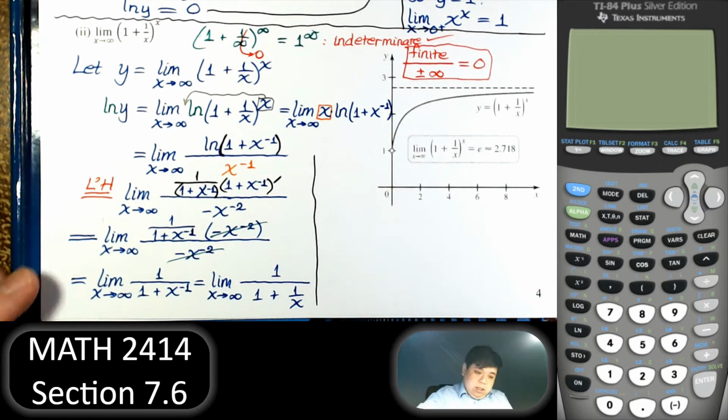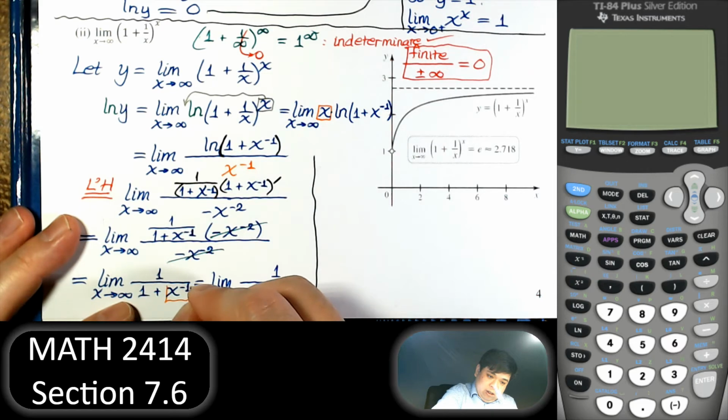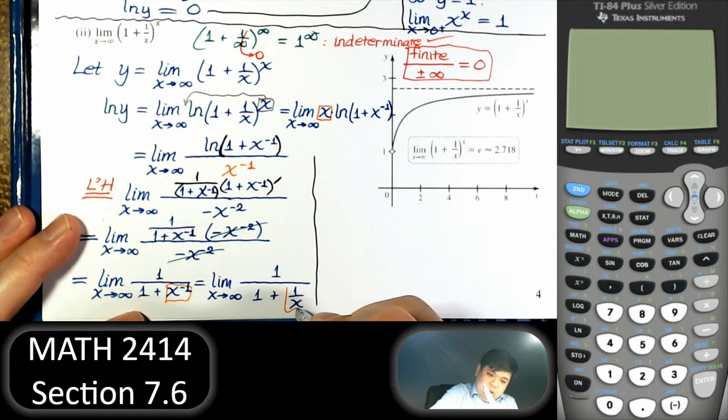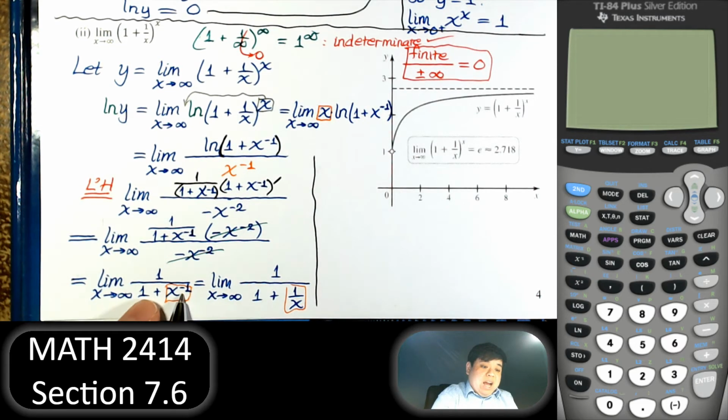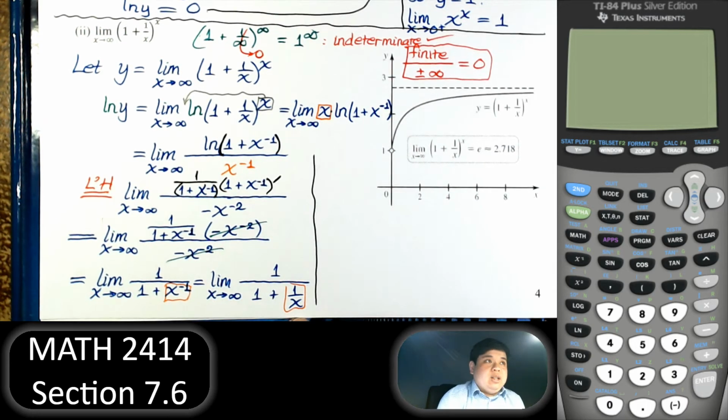You cannot move x to negative 1 to the top to become x, because we have the plus 1 here. If it is a product, multiply or divide, we can move things around top and bottom. But there's a plus, so we cannot do that. But we still can do this.